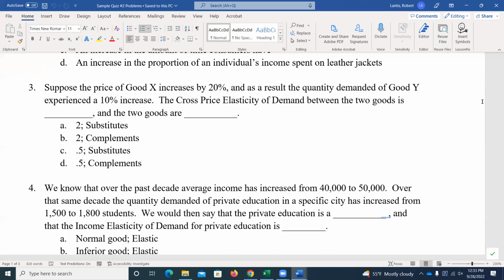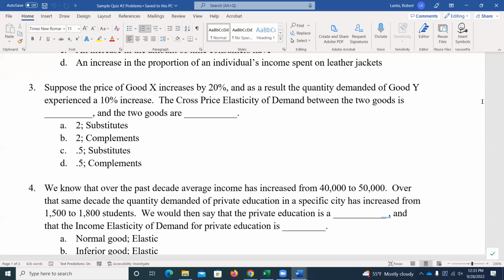So if we're looking for a cross price elasticity, once again, what's changing here? What was the original change? The price of good X. So what's changing goes in the denominator, and our numerator is what's responding to that change.